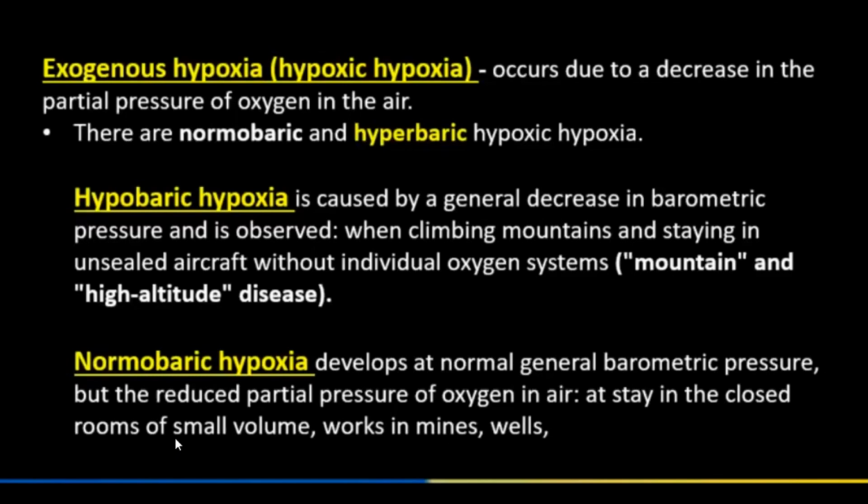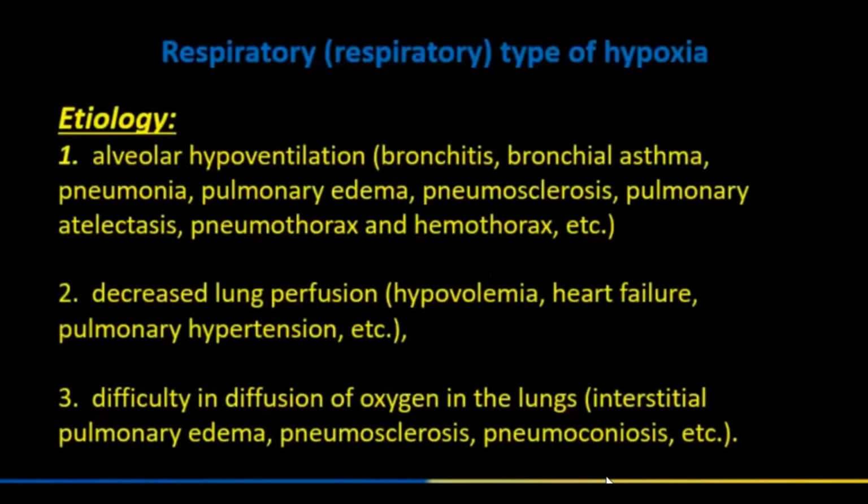Normobaric hypoxia develops at normal general barometric pressure, but with a reduced partial pressure of oxygen in the air, at stay in a closed room of small volume, work in mines, and so on. Well, the respiratory type of hypoxia has some etiology.